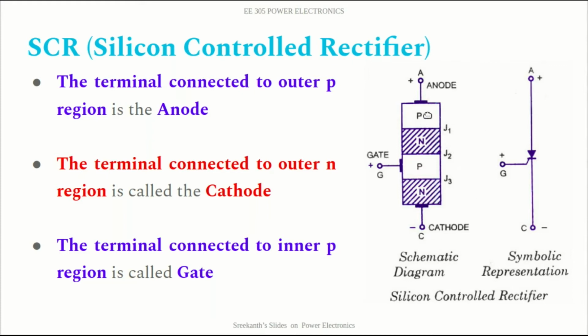Whichever terminal is connected to the outer P region becomes the anode. The terminal connected to the outer N region becomes the cathode, and the terminal connected to the inner P region is called the gate. Since gate and anode are connected to P, which stands for positive, they are designated a positive value, and the cathode is designated a negative value.